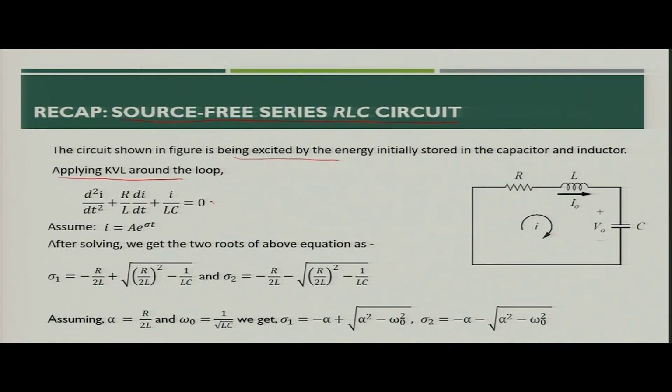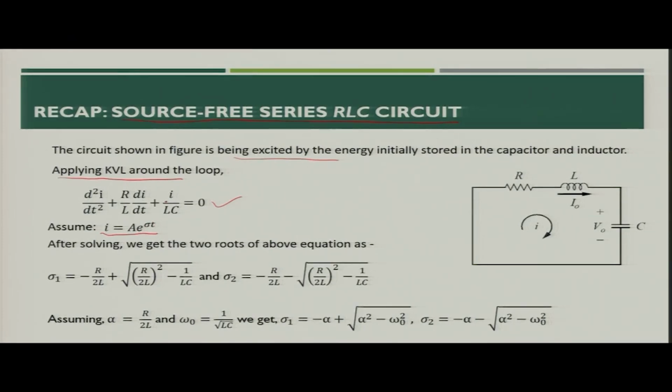Since these two elements are storing energy, the circuit has some current flowing. Using KVL, the equation we get is a second order equation: d2i by dt2 plus R by L into di by dt plus i by LC equal to 0. We assumed the current is i equal to A into e to the power sigma t.